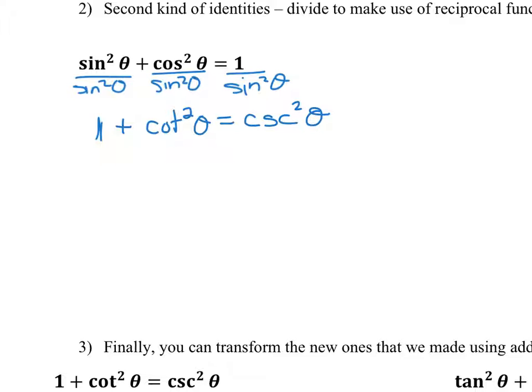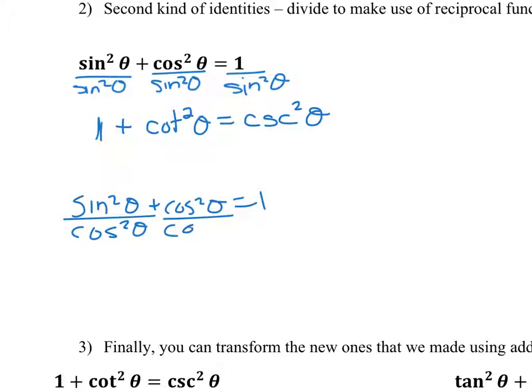Okay, and then the other one is if I divide by cosine squared. So if I take sine squared plus cosine squared, and I divide it by cosine squared, I get the other two trig ratios. Instead of cotangent and cosecant, I get tangent and secant. Because cosine here is on the bottom, sine over cosine is tangent, so it's tangent squared.